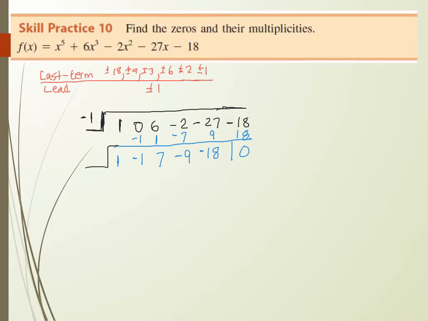I'm going to try 2. I probably could even try a -1 again, but let's try 2. So now I'm going to bring down a 1, 2, 1, 2, 9, 0, -9, right?